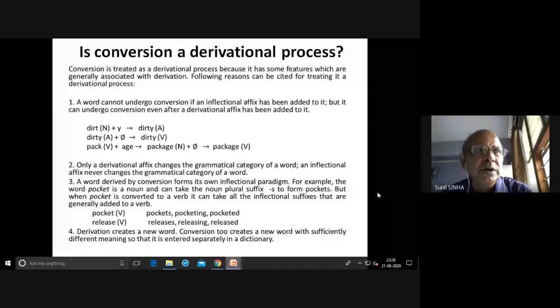And a derivational process is that we add something to a word to derive another word. So how can we say that conversion is a derivational process when we add nothing or when we add a zero suffix? So we have to prove that conversion is also a derivational process. And there are 4 arguments that I have given.